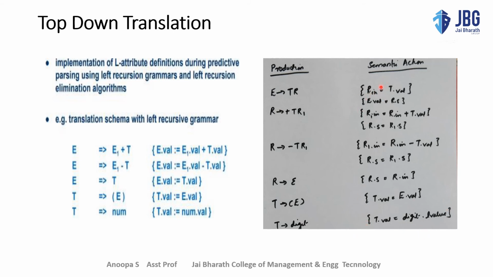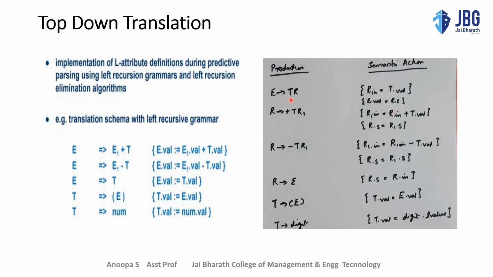So here we can see R dot in is there, R dot s is there. So what is the meaning? This in means it is an inherited attribute and s means it is a synthesized attribute. So that is what you have to specify here.